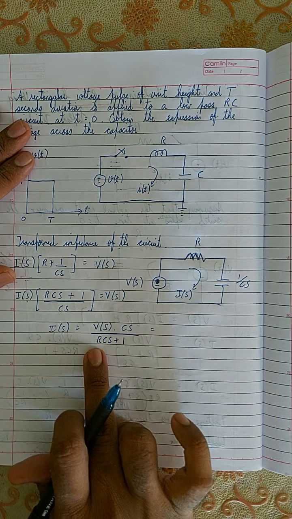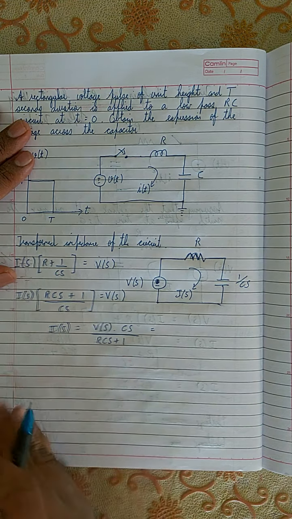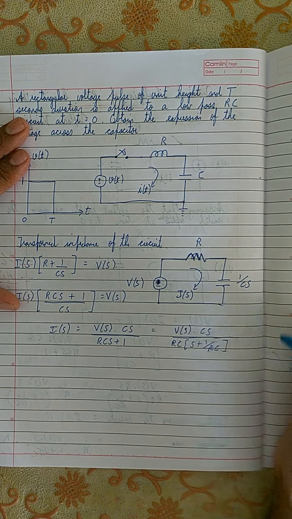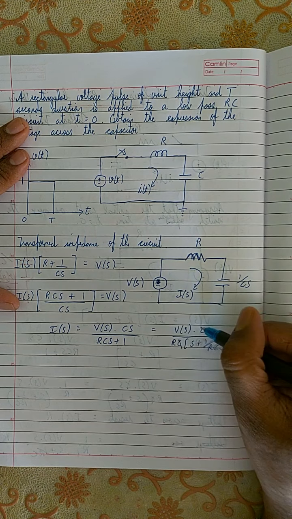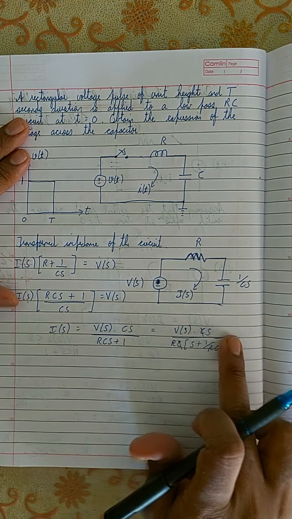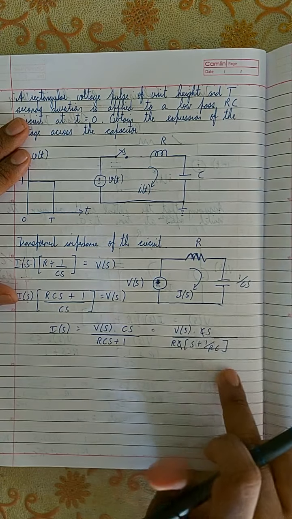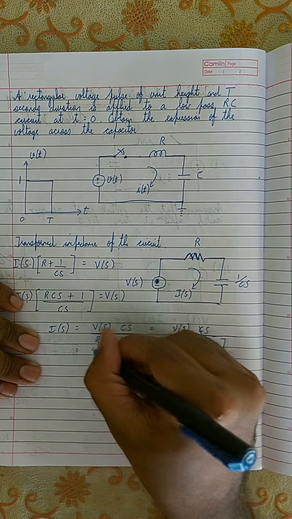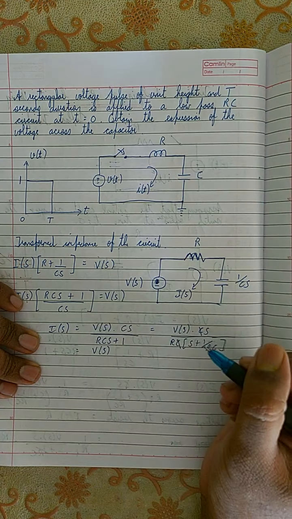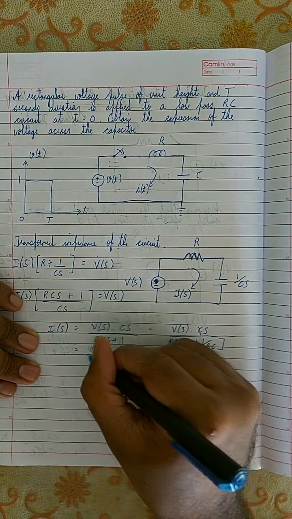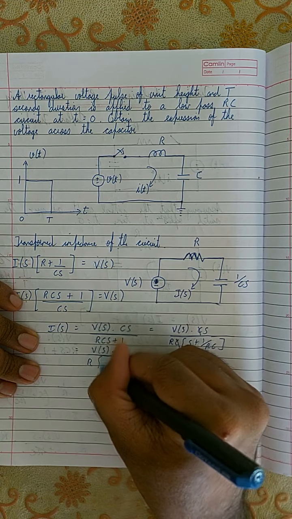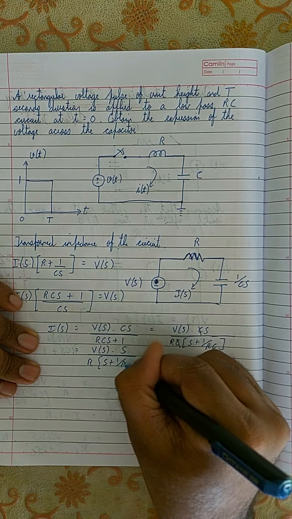Here the coefficient is RC, so I'll take RC common, so it will become V of S into Cs by RC into S plus 1 by RC. The C and this C will cancel each other, so you will get V of S into S by R into S plus 1 by RC.